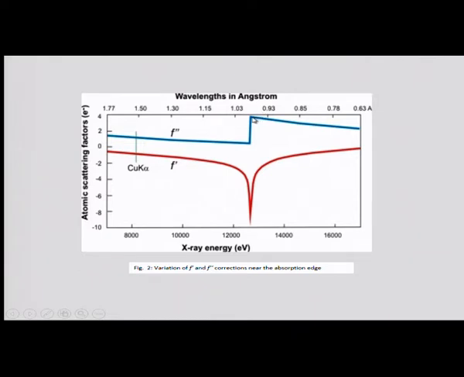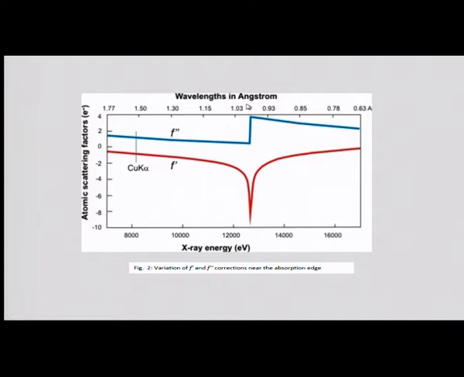One is peak, one is inflection. Peak is the point where f double prime is the largest value, positive, and inflection is where f prime has the least value, most negative, and you can choose one point to the left hand side or the right hand side. These are called left remote or right remote.